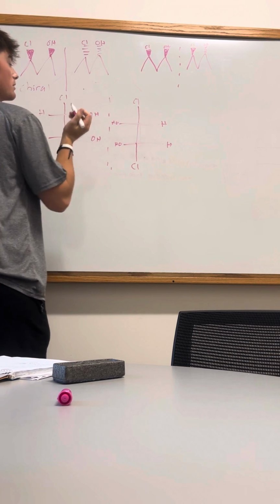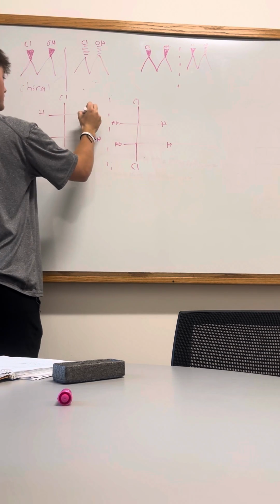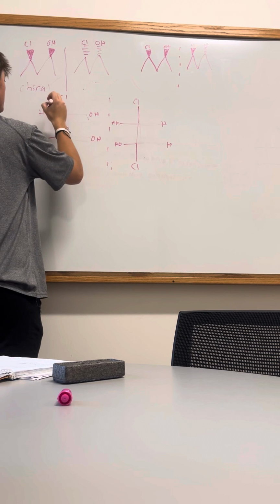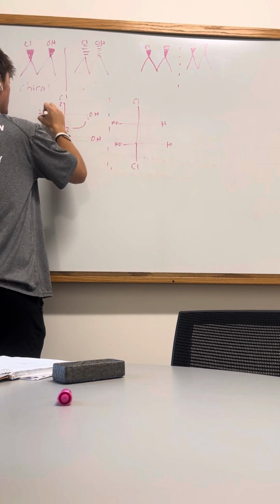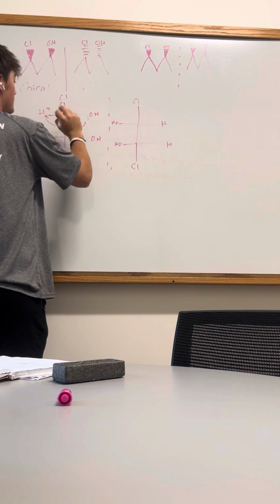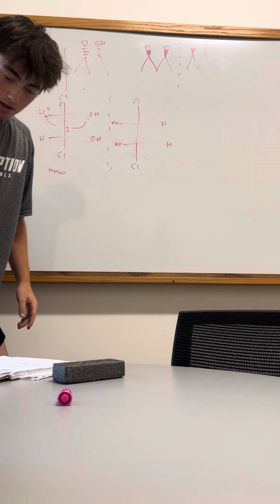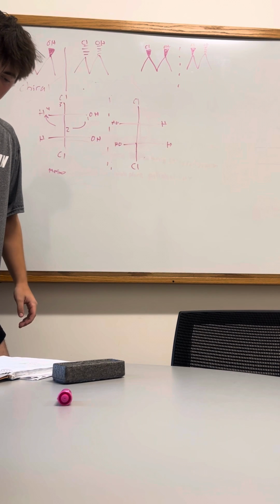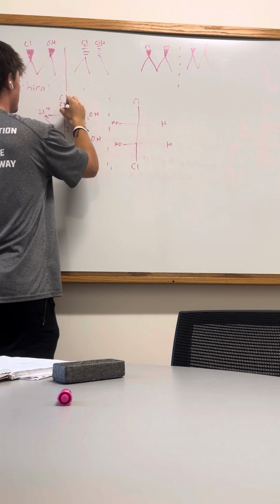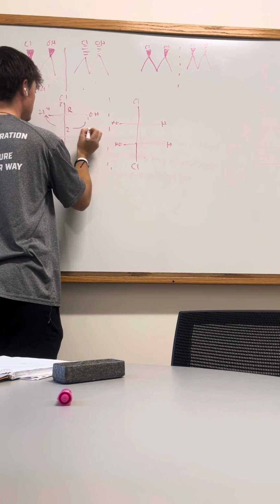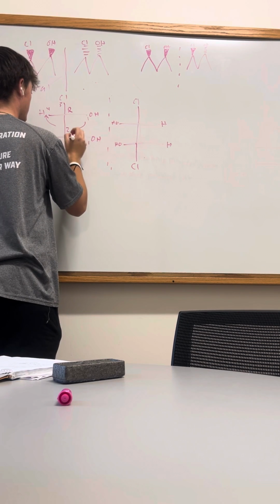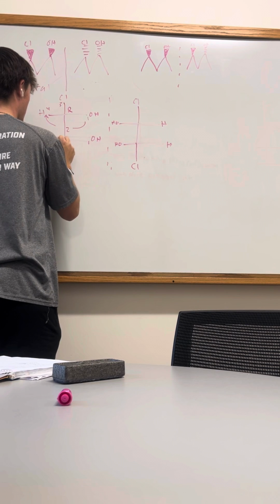But what I'm gonna do is, let me label this. So this is gonna be 1, this one would be 2, this one would be 3, and this one would be 4. So this is going to be clockwise, meaning clockwise is actually R. So this would be an R, and then this one would be 1, that's 2, 3, 4.